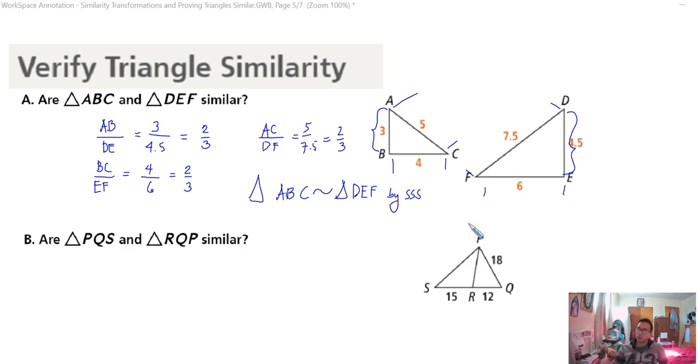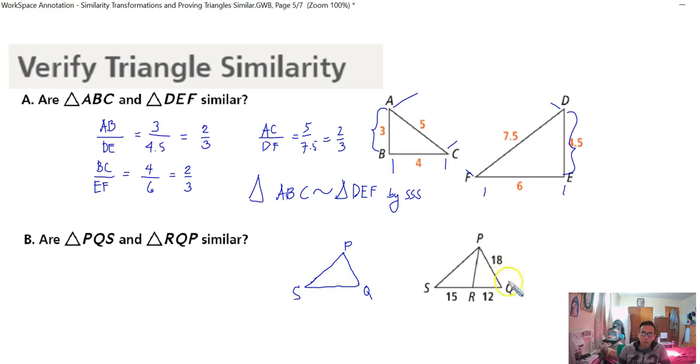Okay, and we're going to draw your PQS. So I'm going to draw that. I'll just draw it like this. So this is P, this is Q, which is the bigger one, and this is S.